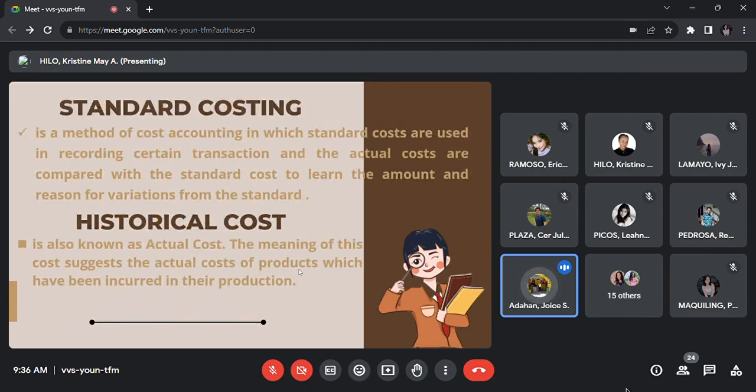Standard costing is a method of cost accounting in which standard costs are used in recording certain transactions, and the actual costs are compared with the standard cost to learn the amount and reason for variations from the standard.